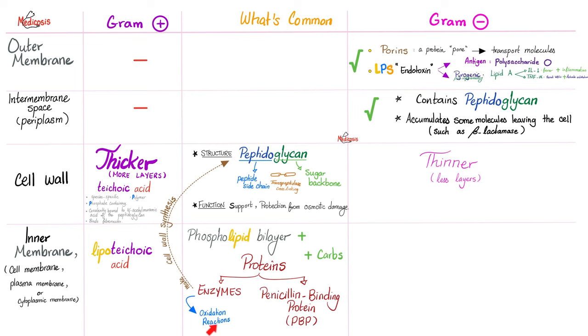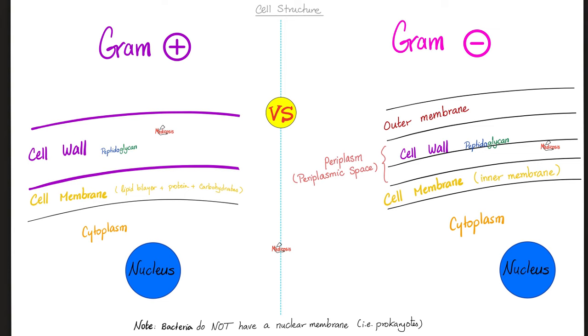The enzymes are for oxidative reactions and for the synthesis of the peptidoglycan. Gram-positive has a thicker cell wall as compared to gram-negative. Gram-positive has only one membrane versus gram-negative, which had an outer membrane and an inner membrane, and therefore a periplasm or periplasmic space between the two membranes, or you can call it intermembrane space.